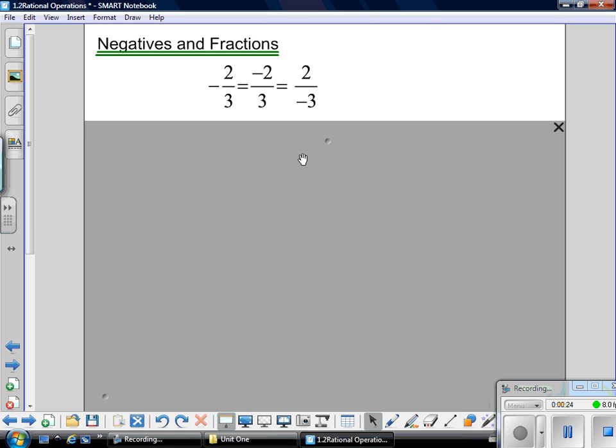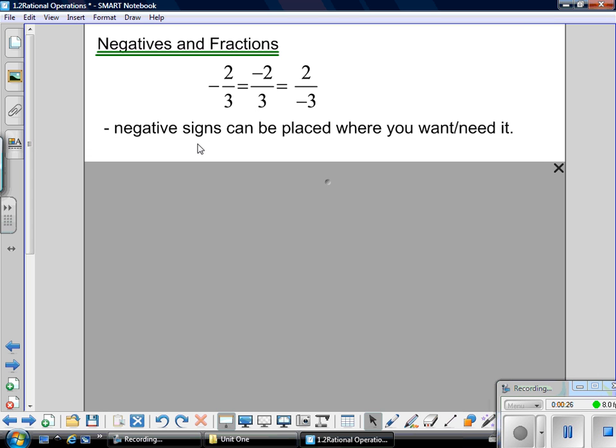And the reason it's like that is negative signs can be placed where you want them or where you need them to be. Now, I'll be perfectly honest. In most cases, when I'm working with fractions with negatives, I often put my negative at the top in the numerator just so I don't forget it.